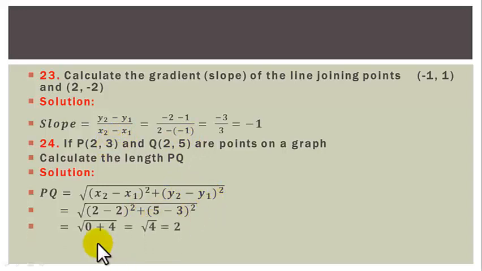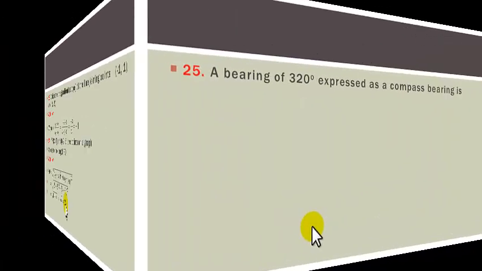And this will give us 2 minus 2 is 0. 0 squared is 0, plus 5 minus 3 is 2. 2 squared is 4. 0 plus 4 is 4. And this is equal to the square root of 4. Square root of 4 is equal to 2. So the length PQ is equal to 2 units.